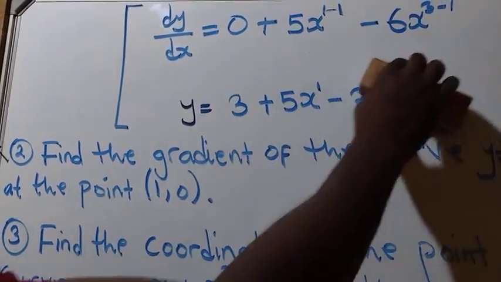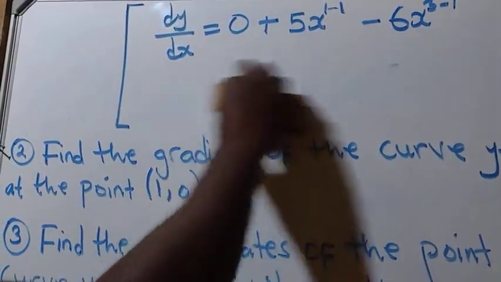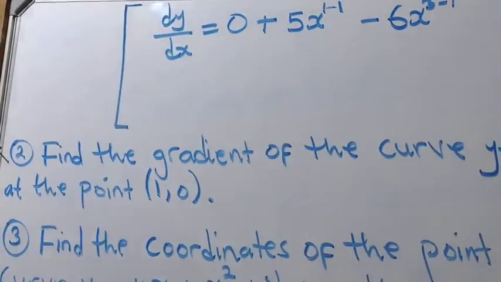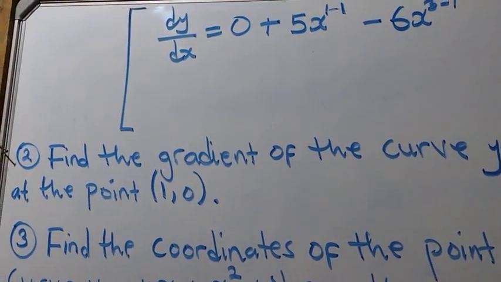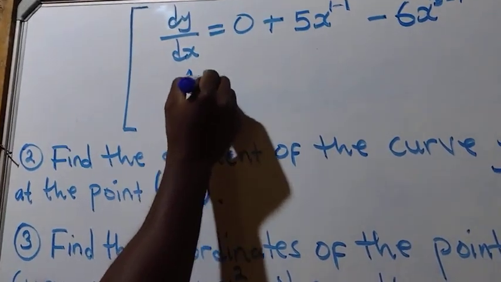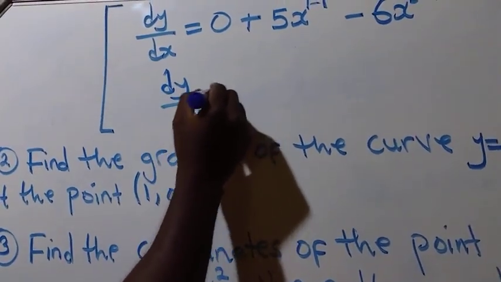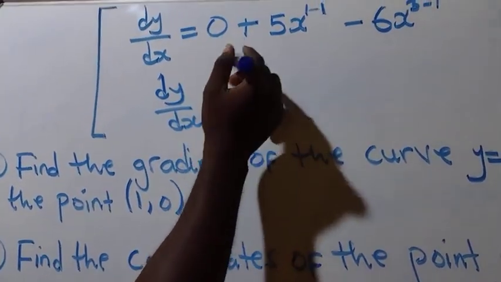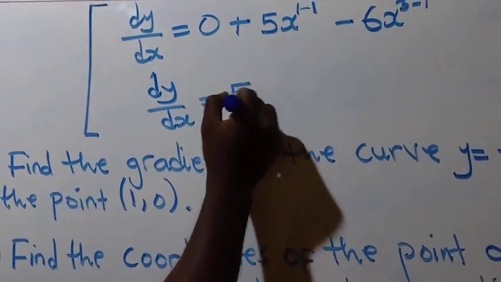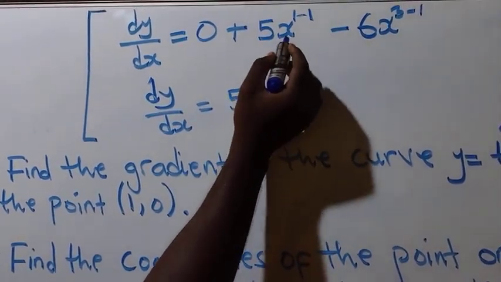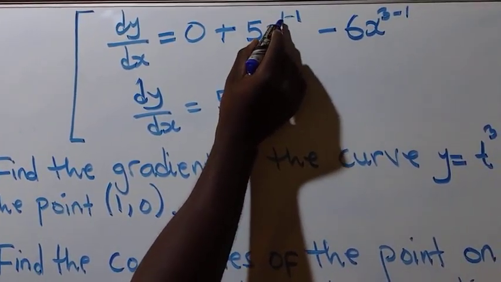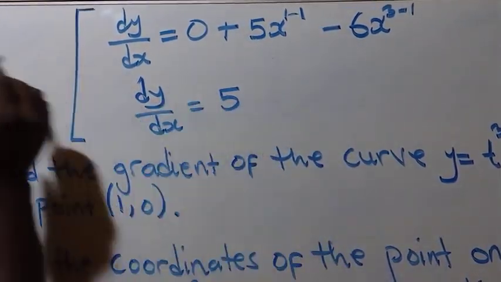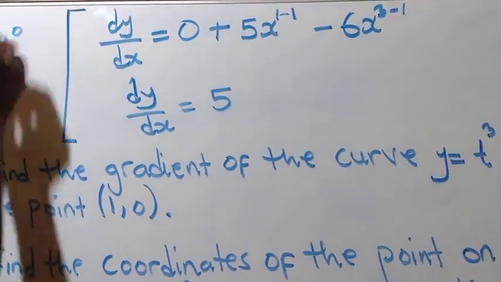All right, so how can we complete this question now? So we are going to say dy dx equal to, here we remain with 5, okay, then 5x, 1 minus 1, it's a 0. So you're having something like x to the power of 0.